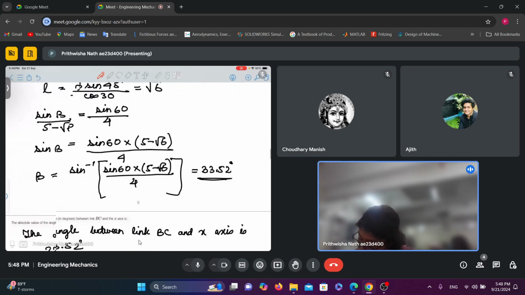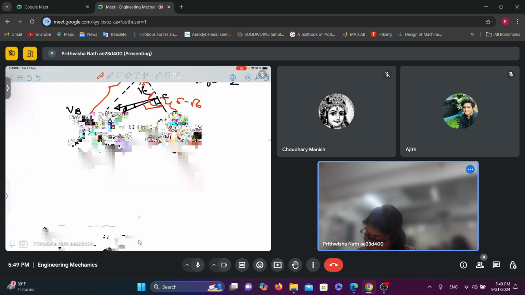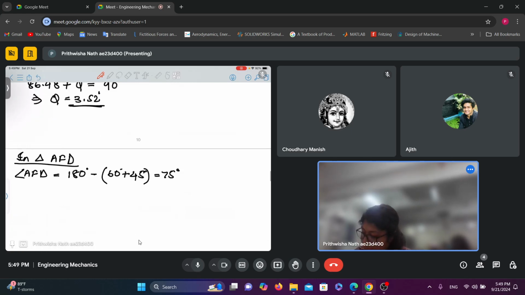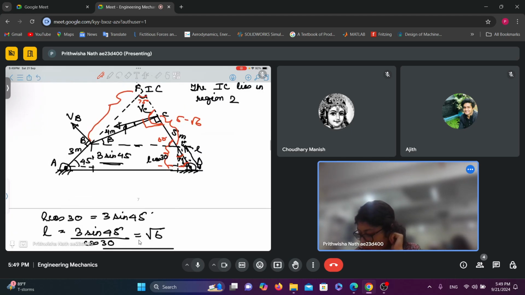You need to find this angle, which is 75, by considering this triangle AFD. So you need to first calculate this angle AFD, which is 75 degrees. Now can you tell me what this angle is?